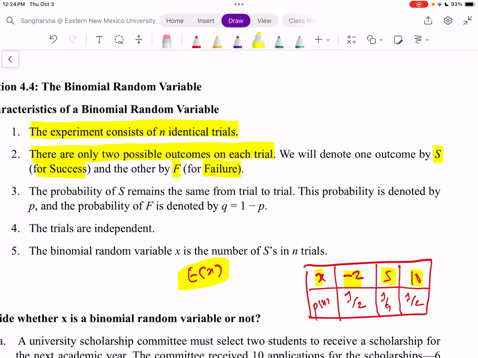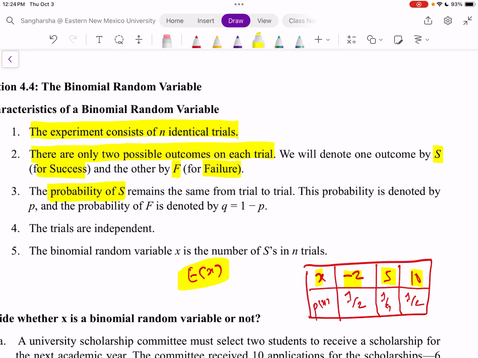The next characteristic is that the probability of S, the success, remains the same from trial to trial. So let's go back to tossing a coin. If I toss a coin 5 times, and let's denote getting head as a success and getting tail as a failure, what would be the probability of getting success, which is head, in the first trial?